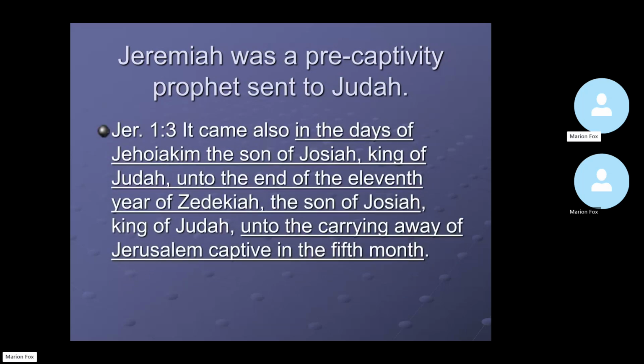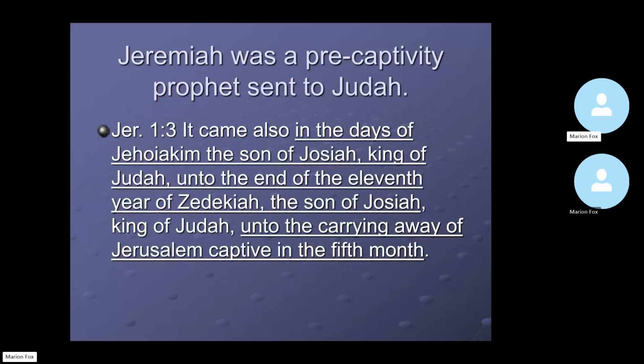Continuing in the next verse for Jeremiah 1:3, it came also in the days of Jehoiakim, the son of Josiah. So he was not only prophesying in the days of Josiah, but also during the time of Jehoiakim, his son, king of Judah, until the end of the 11th year of Zedekiah, the son of Josiah, king of Judah.